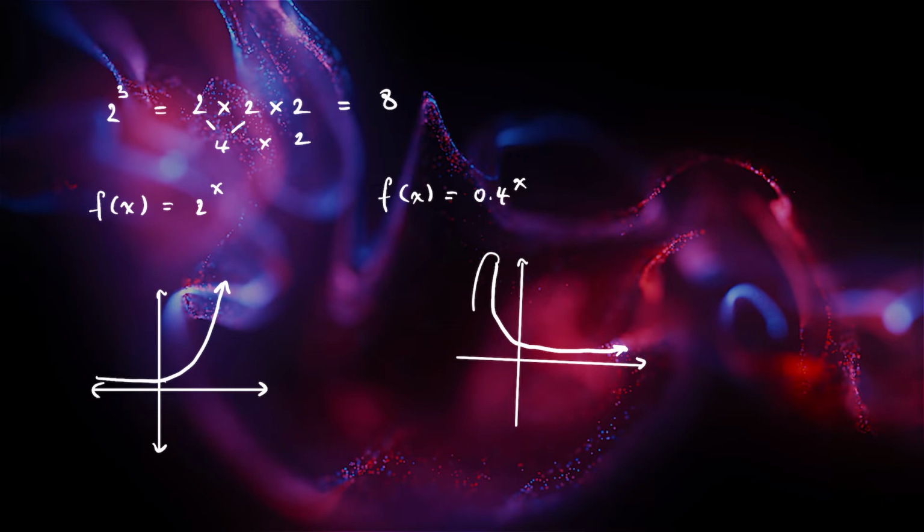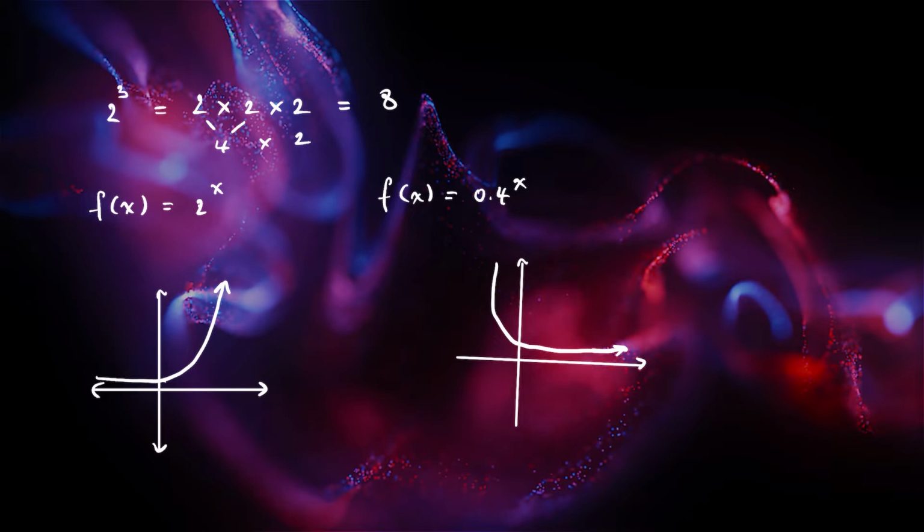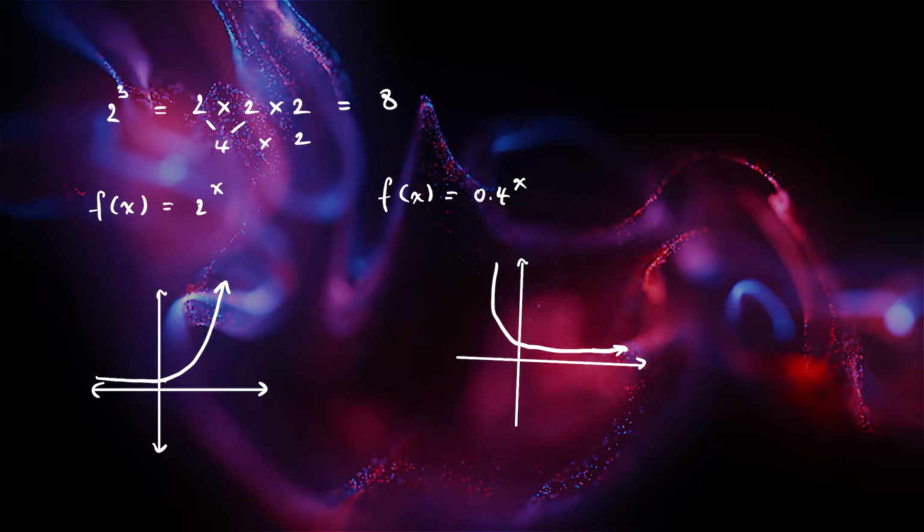This region is decreasing very, very quickly. And then as our values of x increase, our output gets closer and closer to 0. So what does this tell us? Essentially, exponential functions either are rapidly increasing or rapidly decreasing from some initial value.